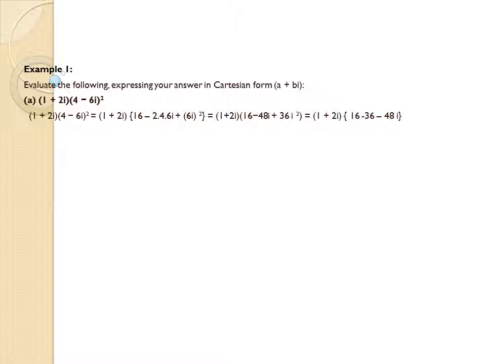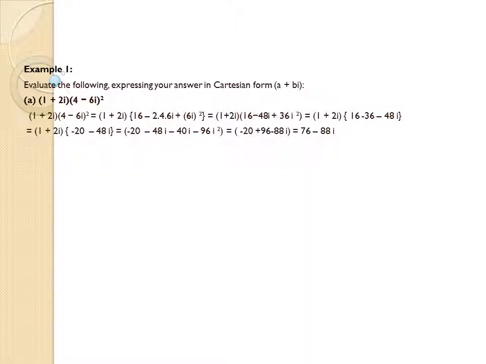Equal to (1 plus 2i), that is common, then 16 minus 2 into 4 into 6, that is 48i, plus (6i) whole square, that is 36i square. So next, (1 plus 2i) into 16, i square equal to minus 1, so 36i square will be minus 36, and minus 48i.